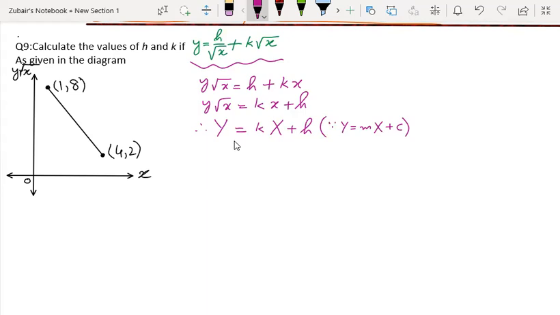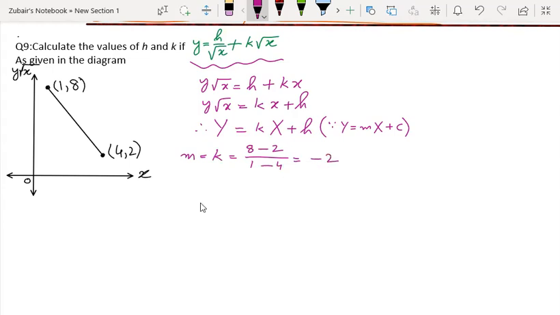Okay, so now we should find the gradient. So gradient is K. So K is equal to, we can write M here as well, y2 minus y1 upon x2 minus x1. So this will be 6 upon minus 3, so minus 2.